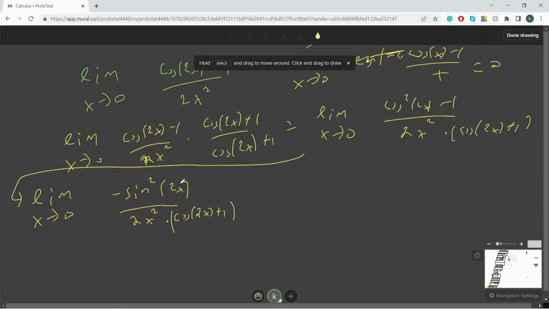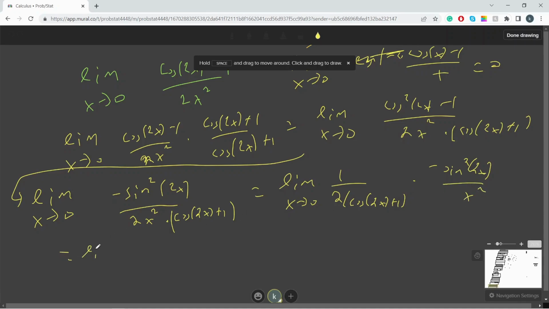And now you see here we have a sine squared 2x over x squared. So what we can do is separate out the terms a little bit. So we have the limit as x approaches 0 of 1 over 2 multiplied by cosine of 2x plus 1, multiplied by negative sine squared 2x over x squared.